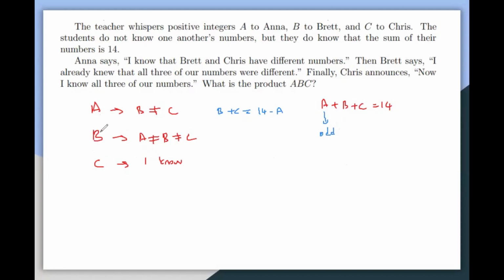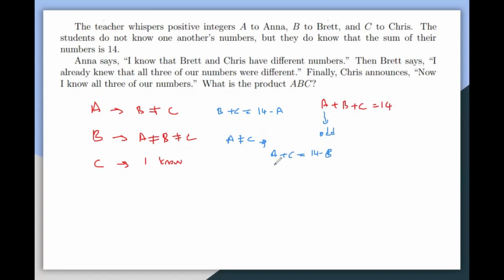And a similar story now for person B. Brett knows his number, right? And he says A is different from B, and B is different from C. Maybe you can think about this separately. Think about the situation where A is different from C. In this case, A plus C is equal to 14 minus B, with similar reasoning as here. For Brett to say A, B, and C are different, knowing only his number, this difference has to be odd as well.